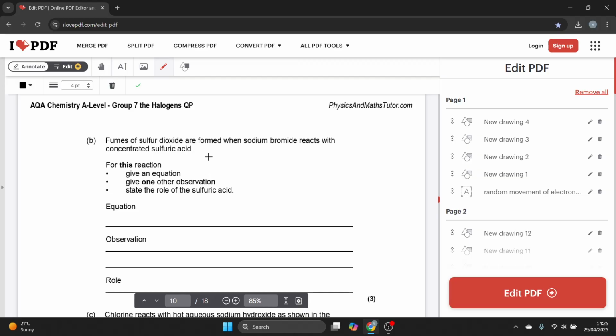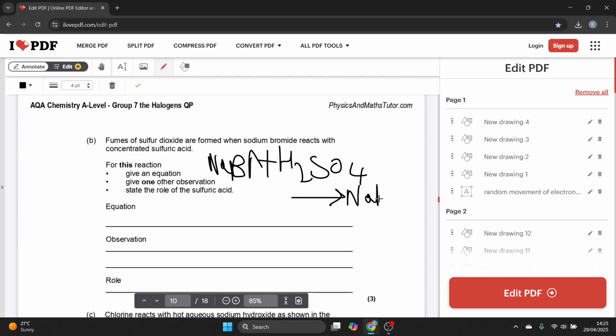Now I can't use NaBr plus H2SO4 to form NaHSO4 plus HBr, because it says in the question that sulfur dioxide is formed, and I'm not forming sulfur dioxide in this case.